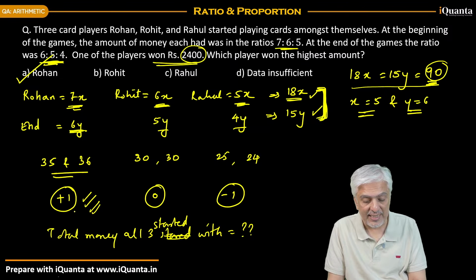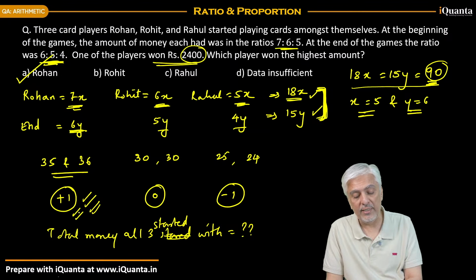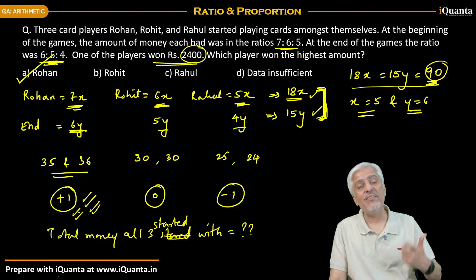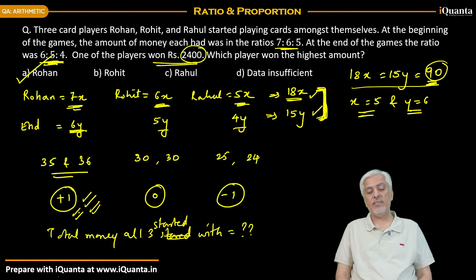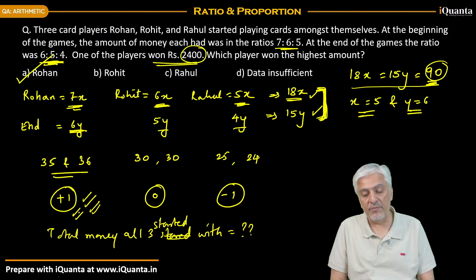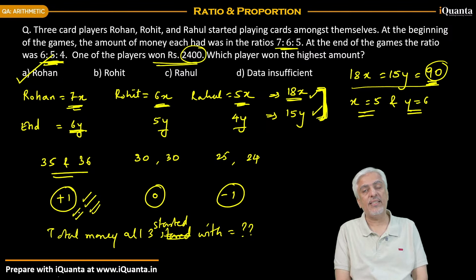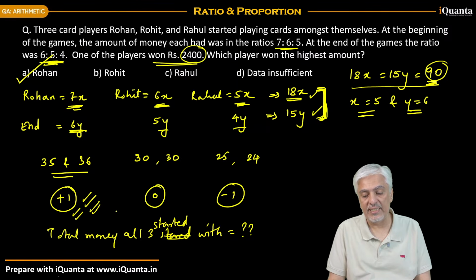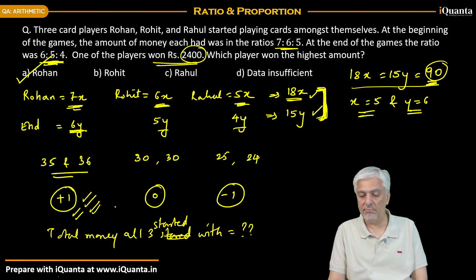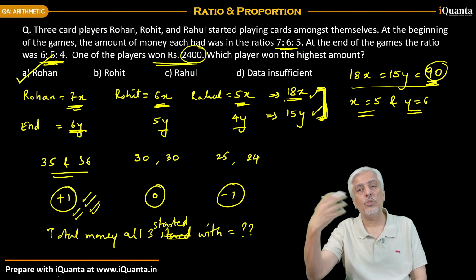Now, if this answer has to come 2,400, pay attention very carefully. What will happen? Everything will have to become 2,400 times. And hence we will get the answer as, according to me, X will also have to become 2,400 times.